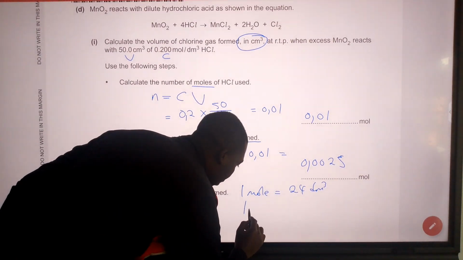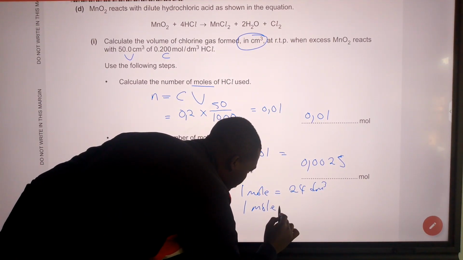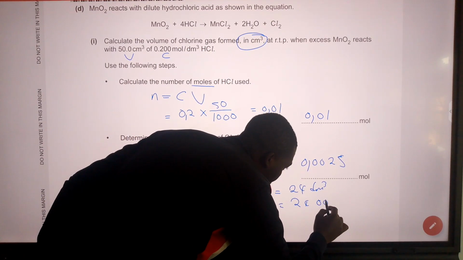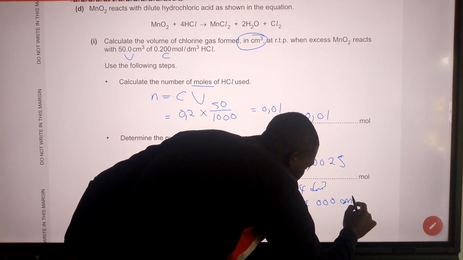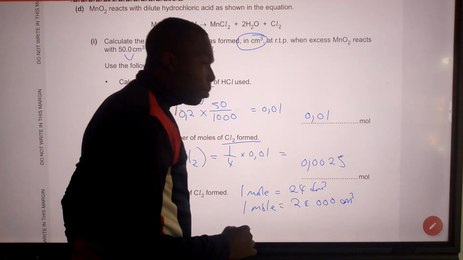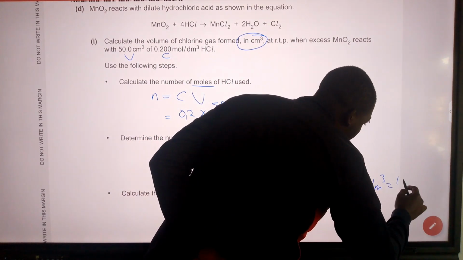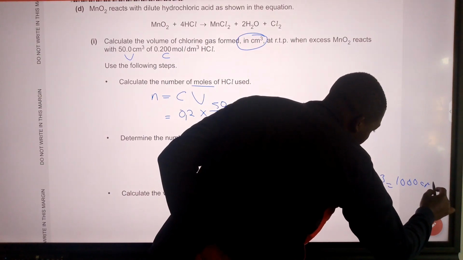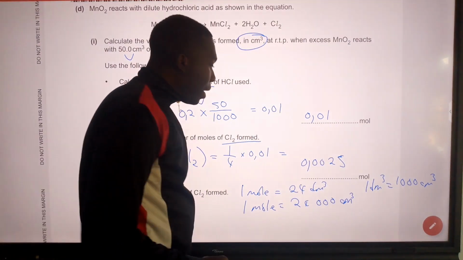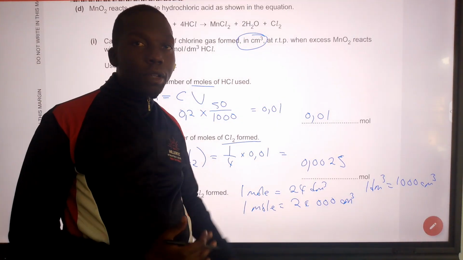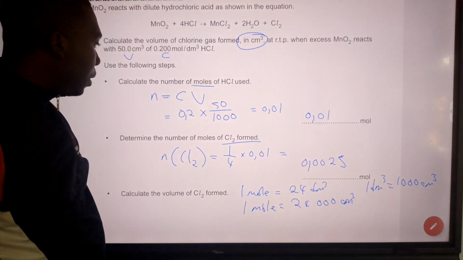So therefore 1 mole is equivalent to 24,000 cubic centimeters, using the relationship that 1 cubic decimeter is equal to 1,000 cubic centimeters. So to convert a volume in cubic decimeters to cubic centimeters, we simply multiply by 1,000.